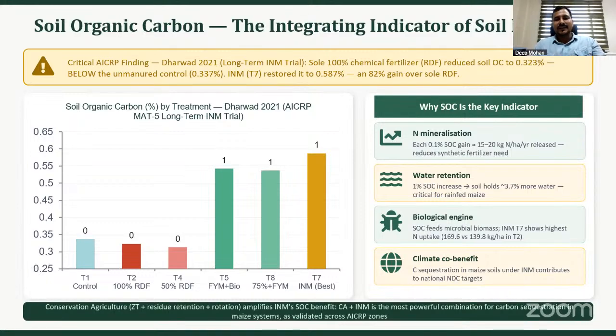And addition of INM, mixing organic, inorganic, biofertilizer, all the available sources of nutrients, is going to increase the organic carbon. So this INM trial not only increases our yield, but also improves soil health.